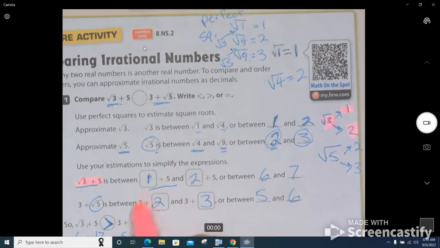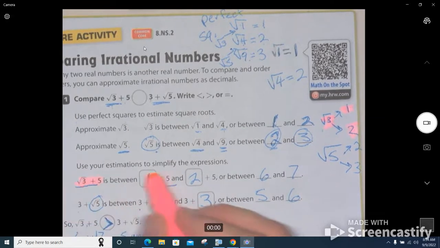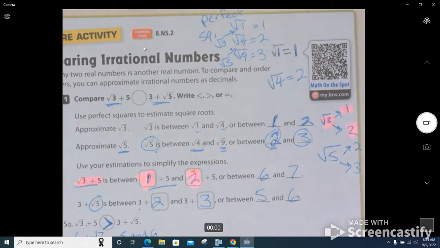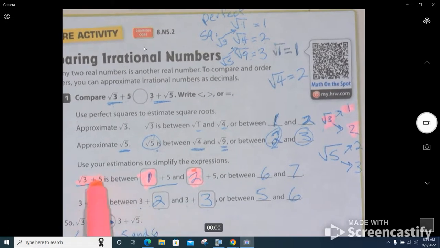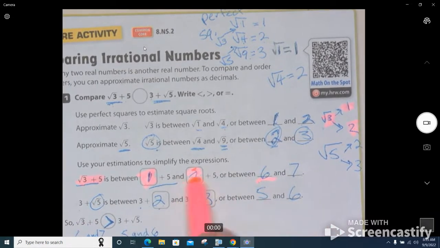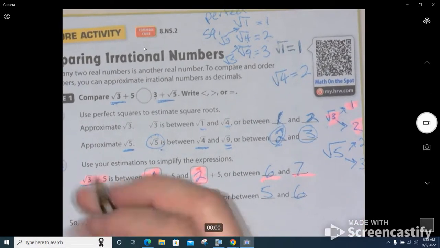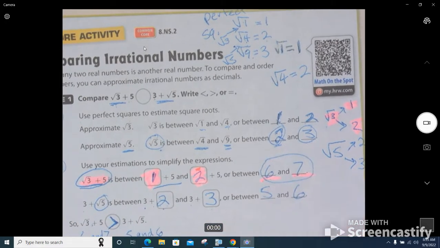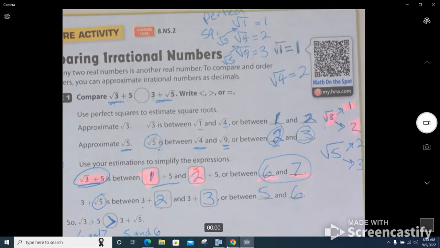So that means I can say the square root of 3 is 1 or the square root of 3 is 2. But I've got to add 5 to either one, right? So when I add 5 to 1, I get 6. When I add 5 to 2, I get 7. So what I just did is I said that the square root of 3 plus 5 is between 6 and 7.